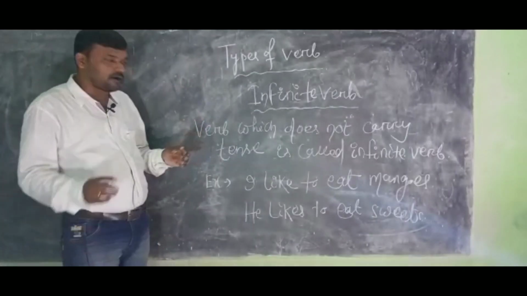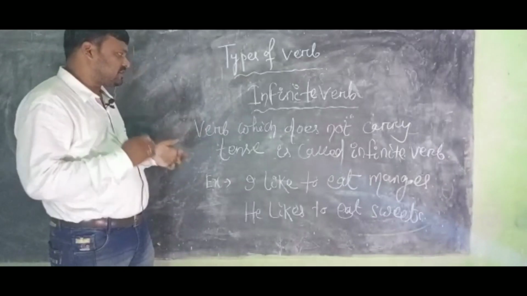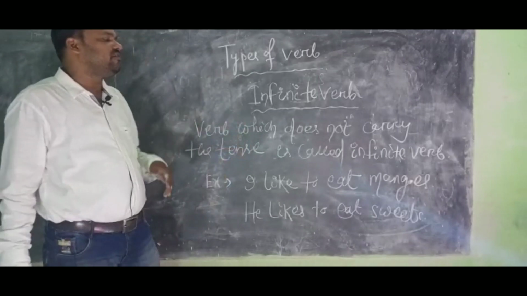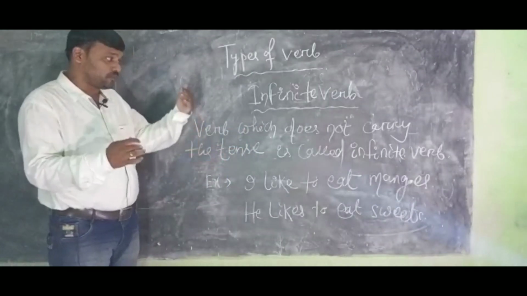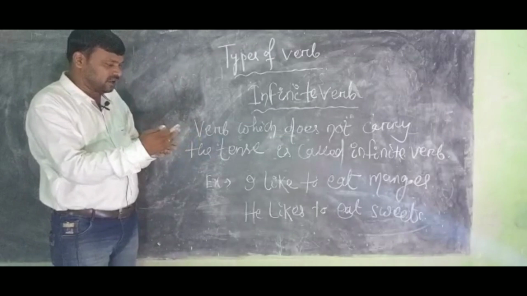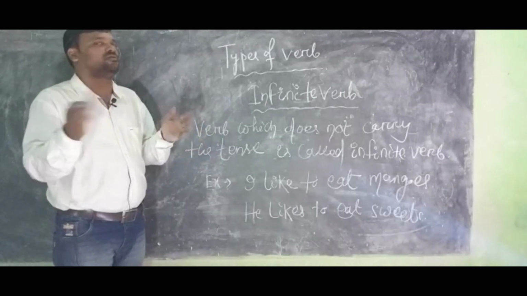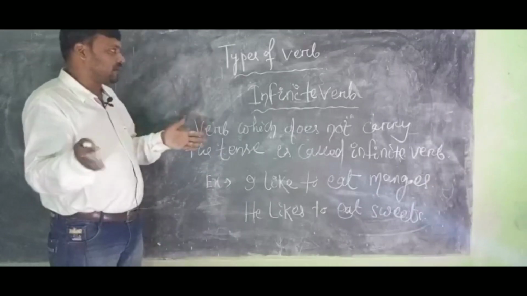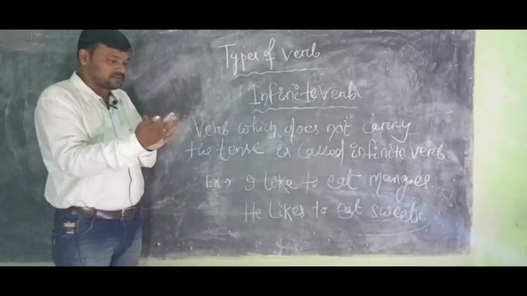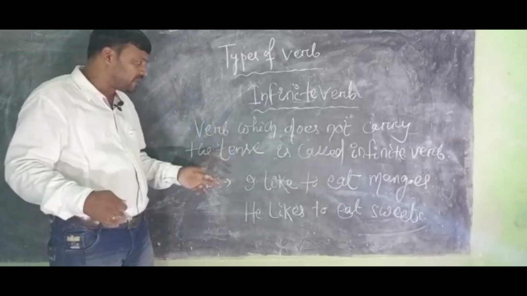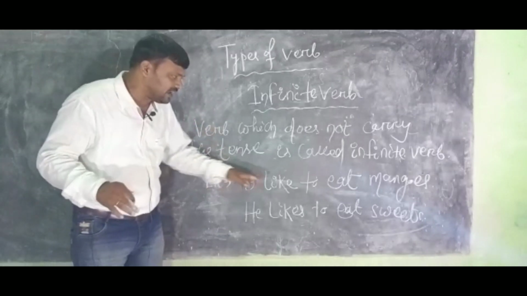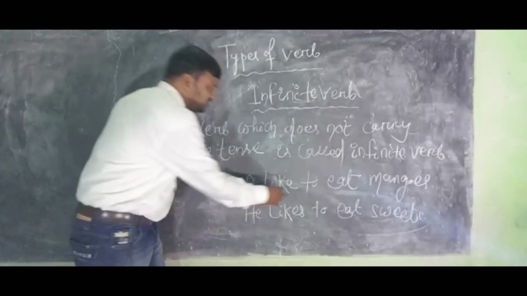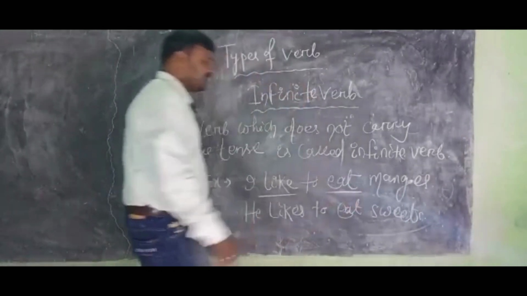Infinite verb: the verb which doesn't carry the tense is called infinite verb. वहाँ पे क्या होता है कि जो verb है वो सब्जेक्ट के साथ कुछ भी एग्रीमेंट उनका बीच में कोई भी लिंक नहीं होता है। जैसे कि पहले से हम लोग पढ़ चुकी है फाइनाइट वर्ब में, जैसे वर्ब सब्जेक्ट का बीच में एग्रीमेंट होगा। वहाँ पे देखो, वहाँ पे एक एग्जाम्पल है, I like to eat mango. So here there are two verbs, one is like and another one is eat.